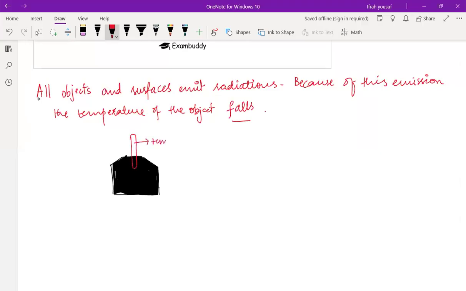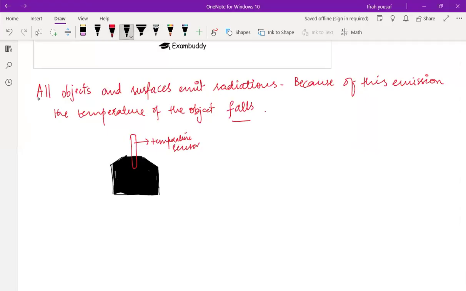This is the temperature sensor, right? So the temperature is going to be monitored continuously.